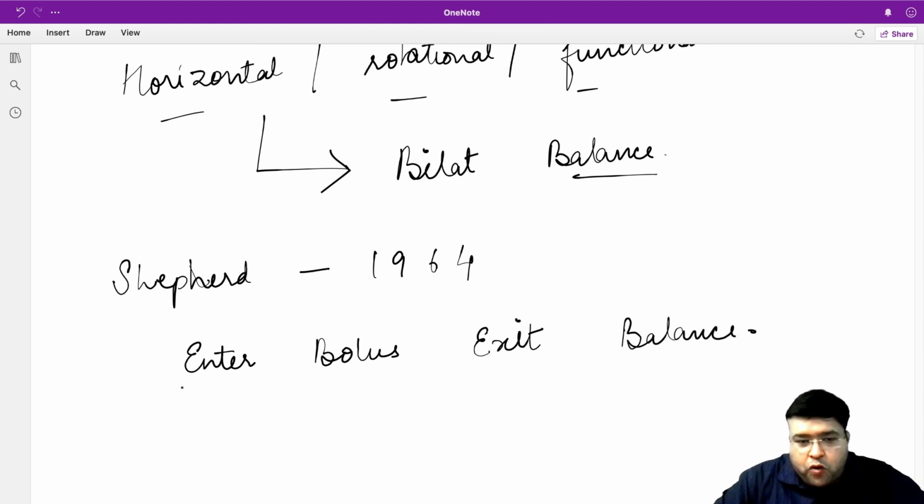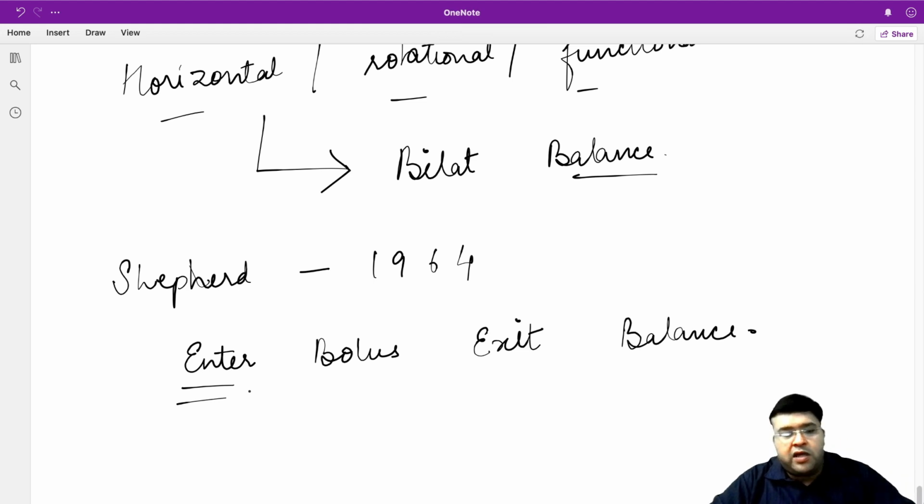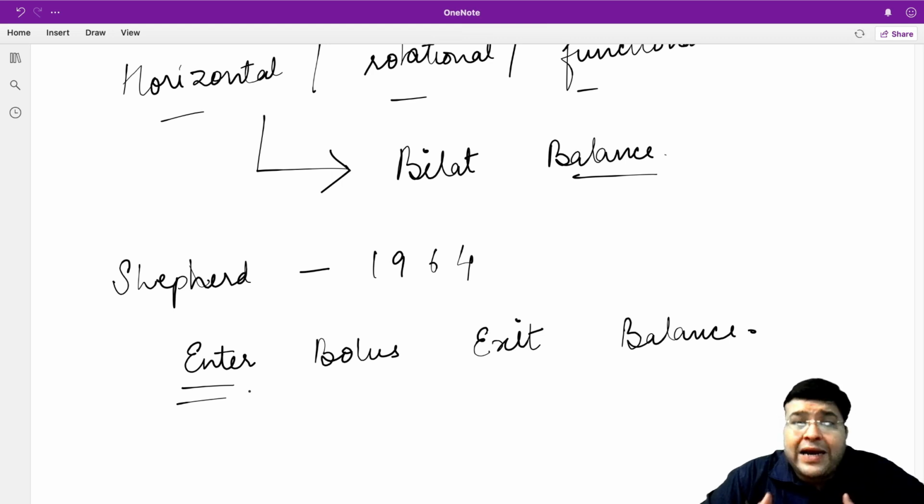This means the moment some bolus enters into the patient's mouth, the moment the patient starts chewing something, the balance is going to exit, right? That means there is going to be absolutely no balance in the occlusion when the bolus enters. So he said there is no purpose of giving a bilateral balance if it is not going to get maintained when the patient is chewing.